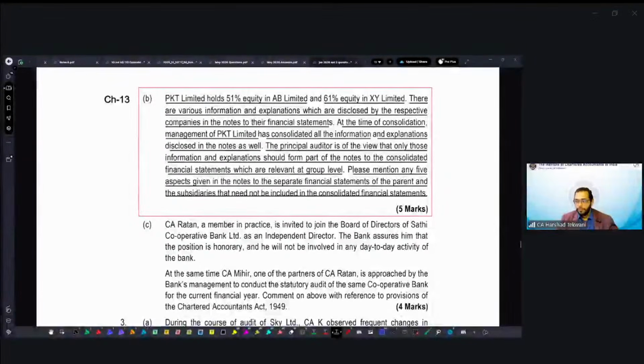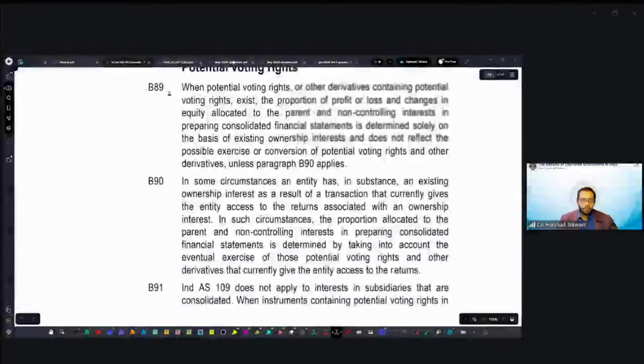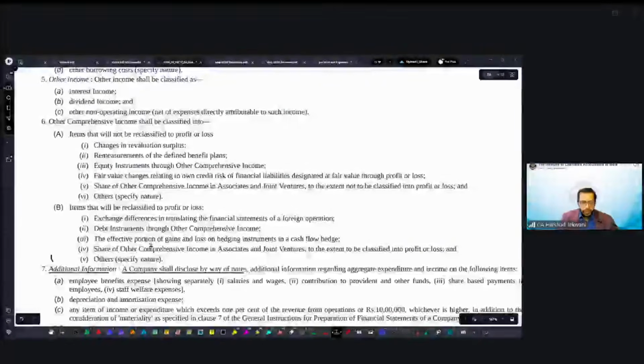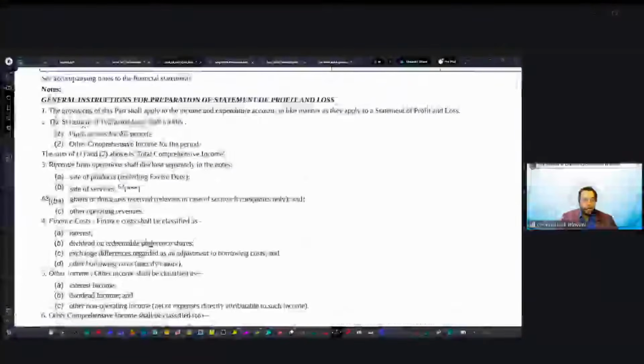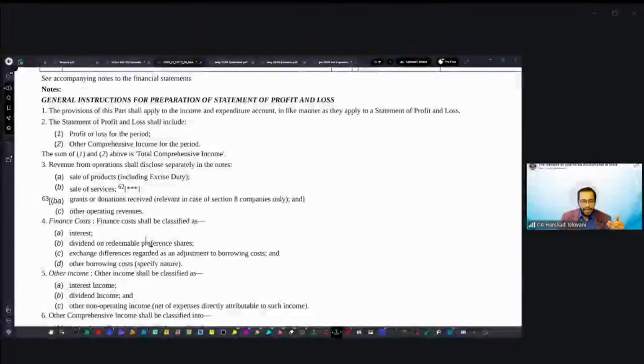See, let's say you have a subsidiary in Singapore. For harmonization purposes, you will translate everything into the local currency. Now, there is a disclosure under, let's say, Schedule 3, that requires expenditure in the foreign currency.